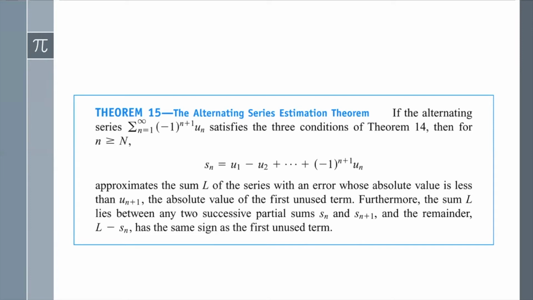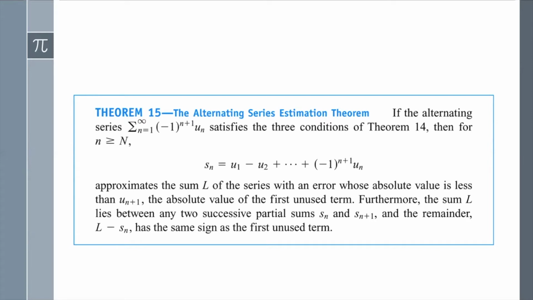Furthermore, the sum L lies between any two successive partial sums S sub n and S sub n plus 1, and the remainder, L minus S sub n, has the same sign as the first unused term.